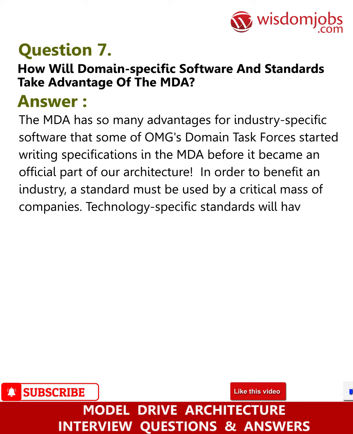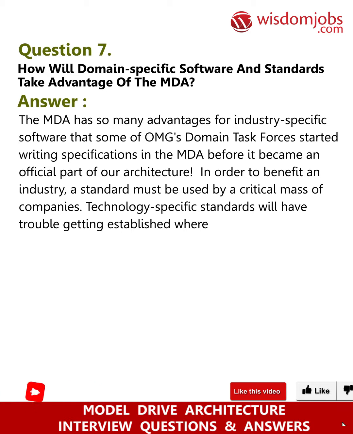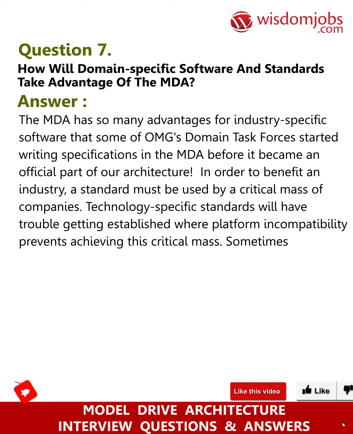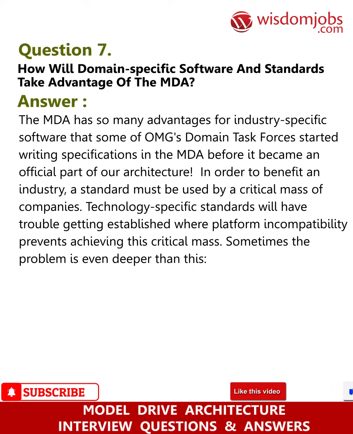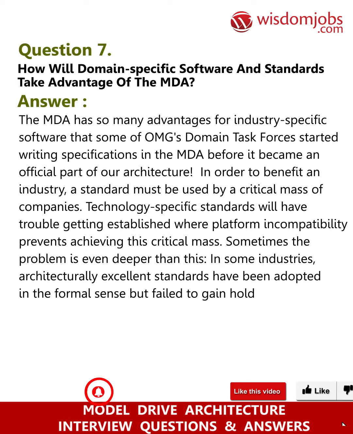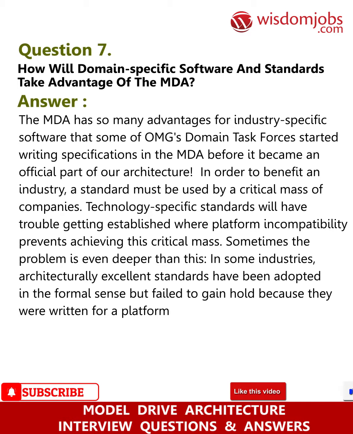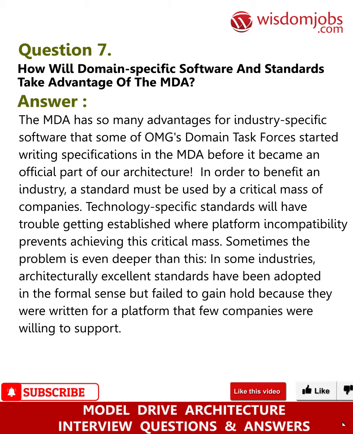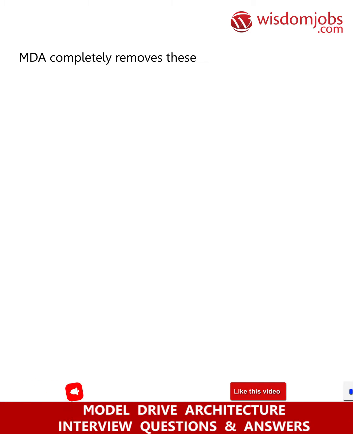Technology-specific standards will have trouble getting established where platform incompatibility prevents achieving this critical mass. Sometimes the problem is even deeper than this. In some industries, architecturally excellent standards have been adopted in the formal sense but failed to gain hold because they were written for a platform that few companies were willing to support. MDA completely removes these roadblocks.